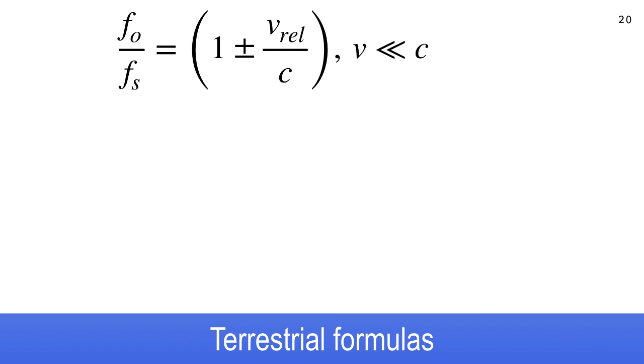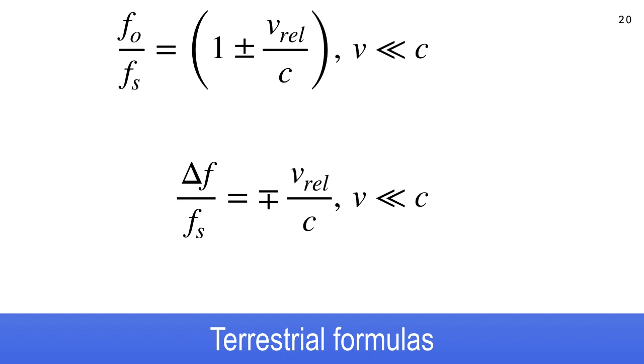Now, there's no square root there. It's an approximation when you have very, very small velocities. Now, terrestrially speaking, that's perfectly fine for us. And if you work it out, this is the formula that is programmed into those speed guns.